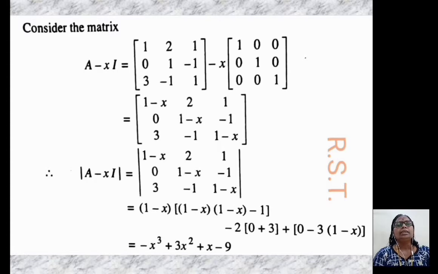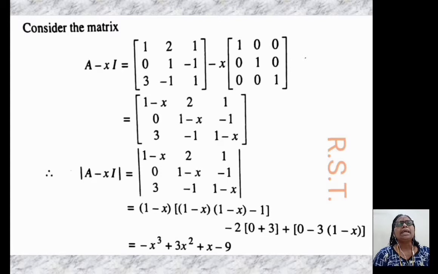Consider the matrix A minus xI, equal to the given matrix A minus x into the identity matrix I of order 3 by 3. Hence, A minus xI equals the square matrix of order 3 by 3, whose first row is 1 minus x, 2, 1. Second row is 0, 1 minus x, minus 1. Third row is 3, minus 1, 1 minus x.